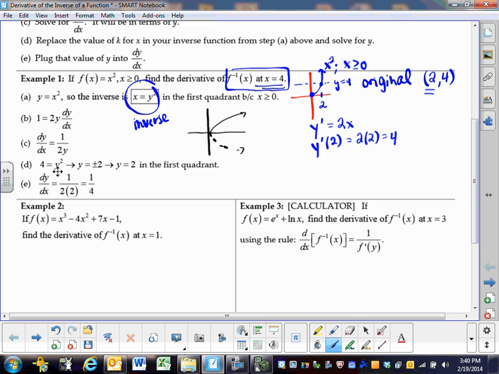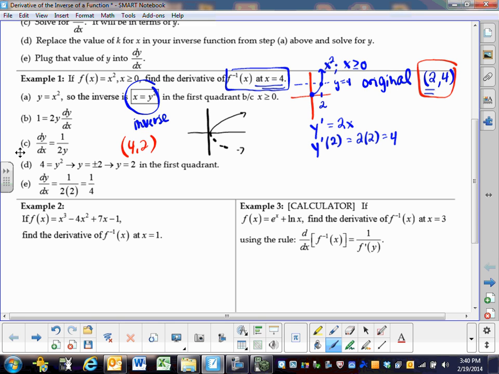So this is the inverse function, and the inverse function at x equals 4 means 4 equals y squared, which means y is plus or minus 2, and we're choosing y equals positive 2 because we're in the first quadrant. The derivative of the inverse function substitutes y equals 2 into this equation, and we get 1/4.